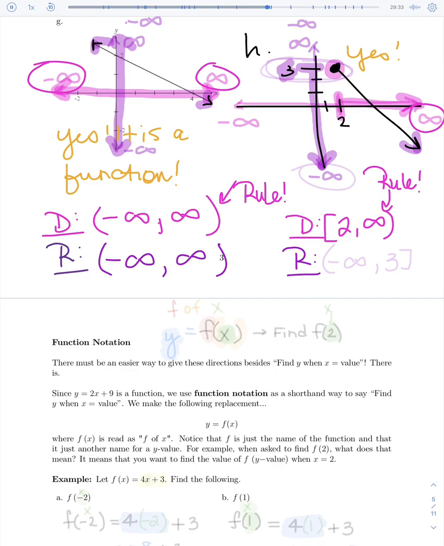So working our way from smallest to largest, we're starting down at the bottom at negative infinity, and then our graph stops up here at positive 3. The negative infinity will always have a parenthesis, just like the positive infinity always has a parenthesis. And again, because of the closed circle here at 3, we're going to use a bracket at 3.